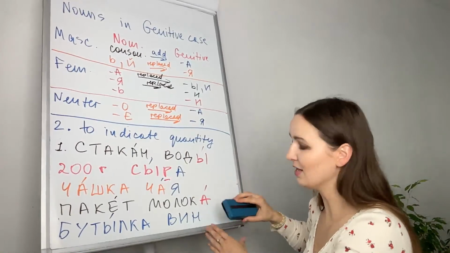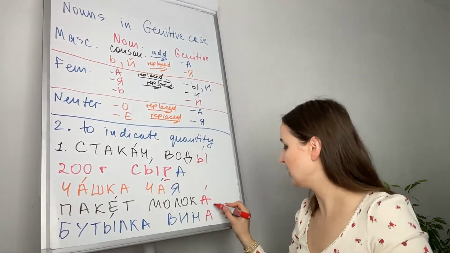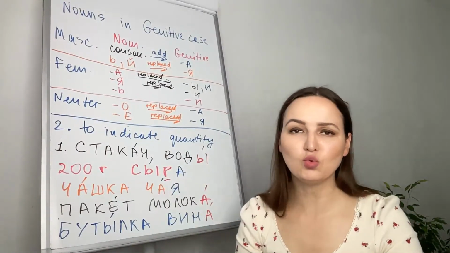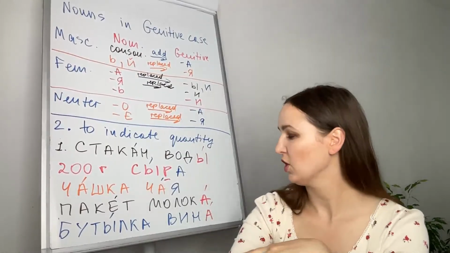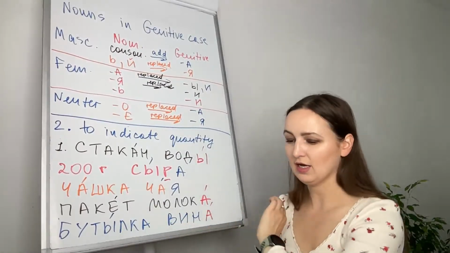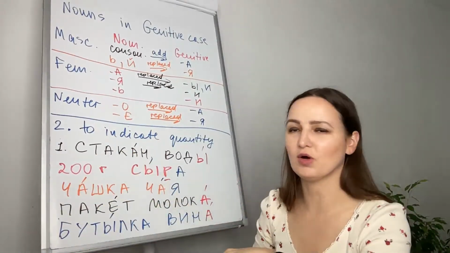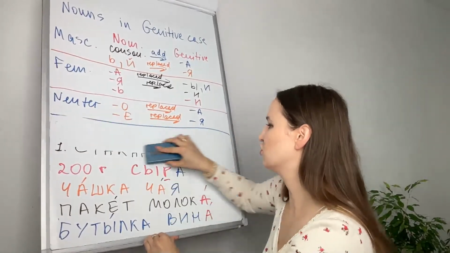So бутылка вина, bottle of wine. Бутылка вина. For example, я принесу бутылку вина. I will bring a bottle of wine. Бутылка вина. Хорошо.